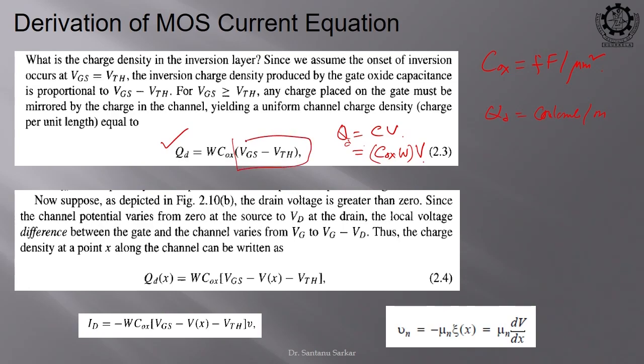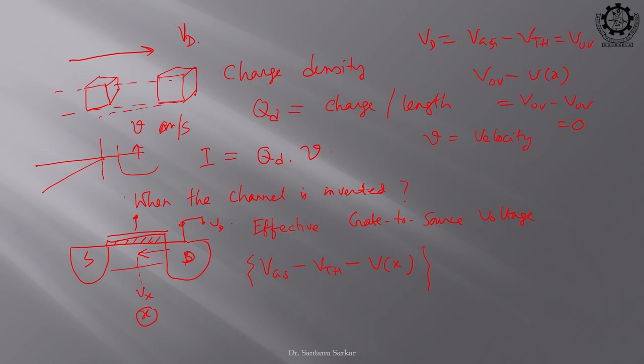If we have a drain potential, what is my effective potential at position X? That would be VGS minus VTH minus Vx, clear. So, let us come to our discussion. That is the effective potential.